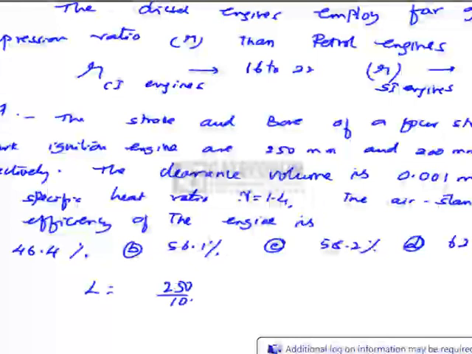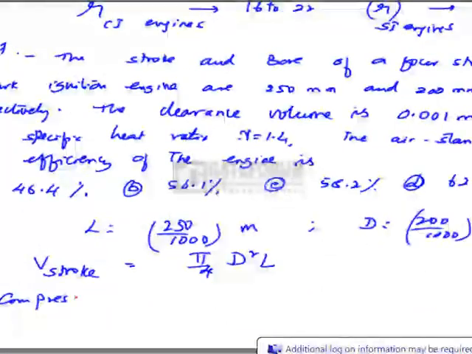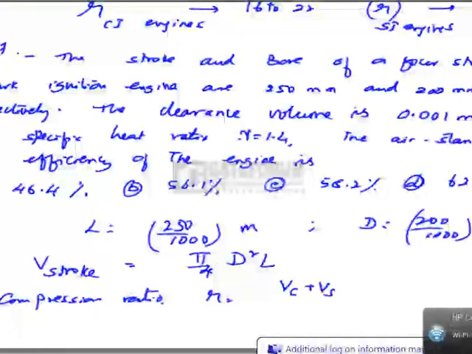250 by 1000 meters. Bore diameter is 200 by 1000 meters. Immediately we can calculate stroke volume, that is pi by 4 d square L. The compression ratio R is Vc plus Vs by Vc, that is 1 plus Vs by Vc, that is 1 plus pi by 4 d square L by Vc.